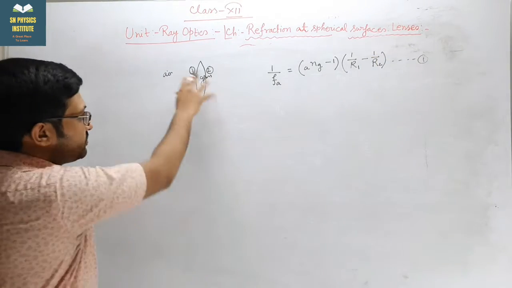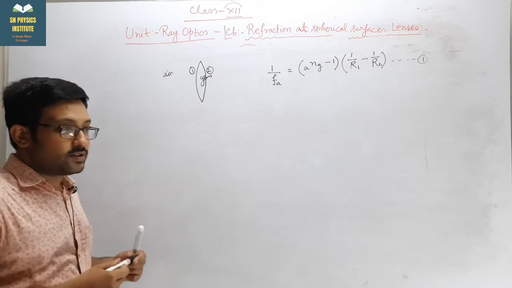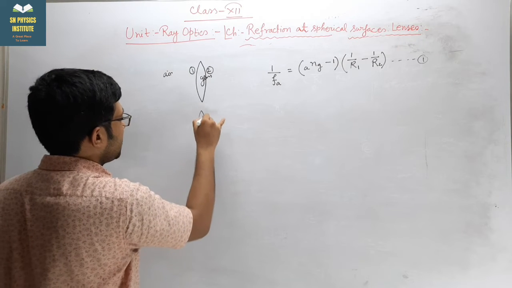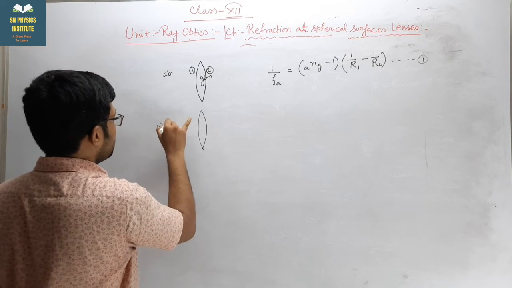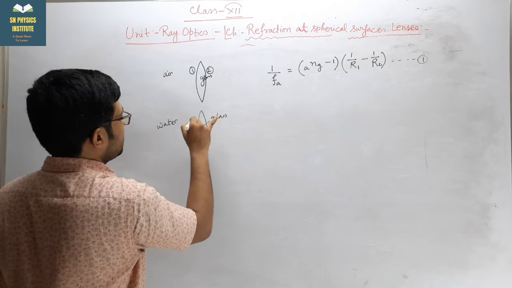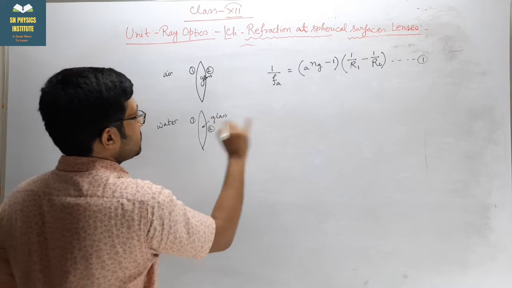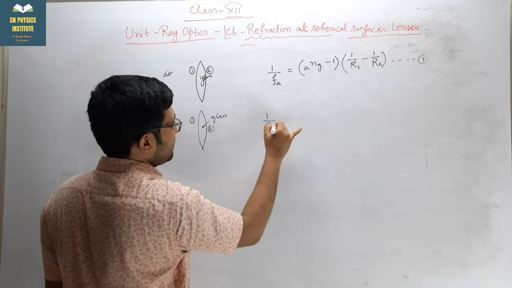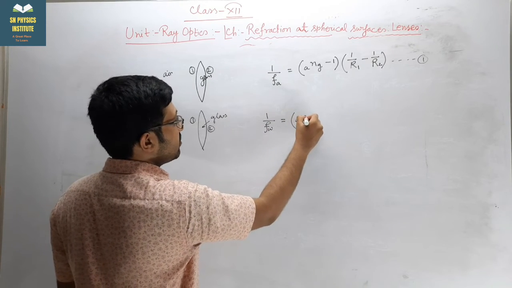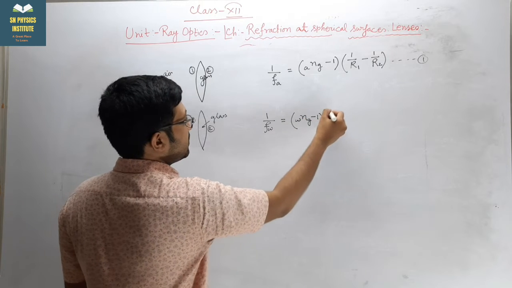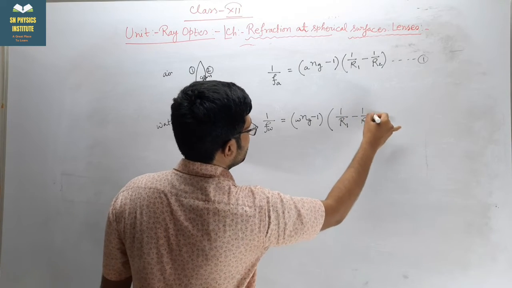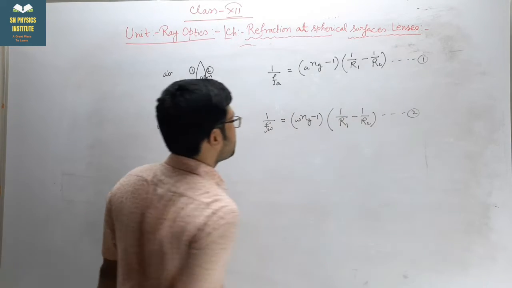Now suppose the same lens is placed in water, so this is water and this is glass. This is the first surface, this is the second surface. So here you can write 1 by Fw is equal to wNg minus 1, same lens so same radii of curvature, into 1 by r1 minus 1 by r2. This is your equation number 2, right?